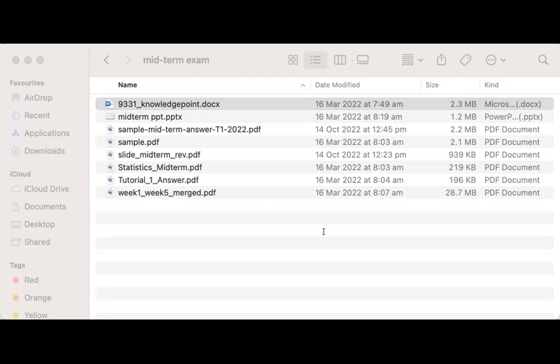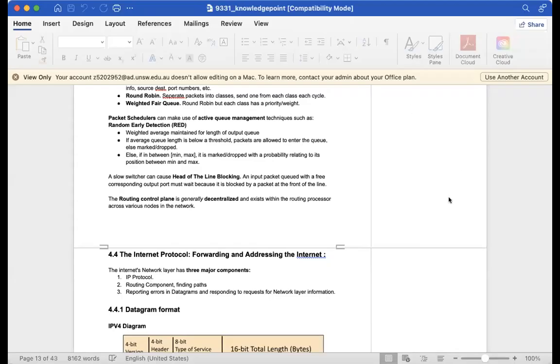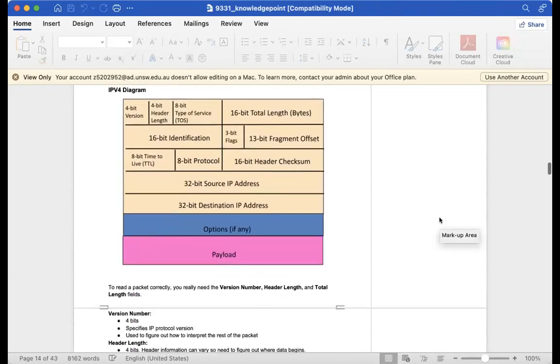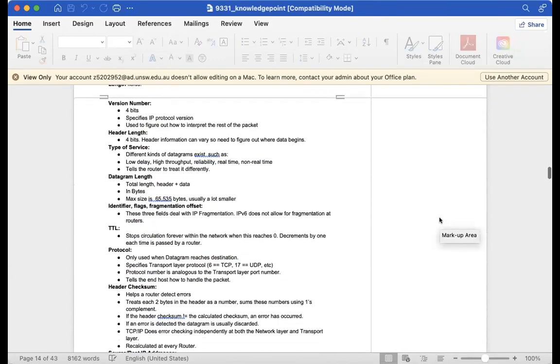Seems to have some problem here. Okay. So here are some knowledge points.